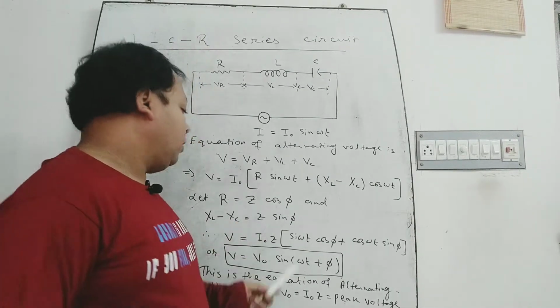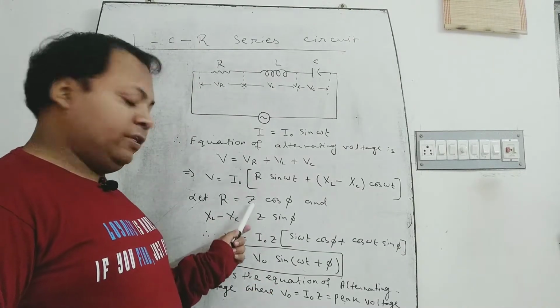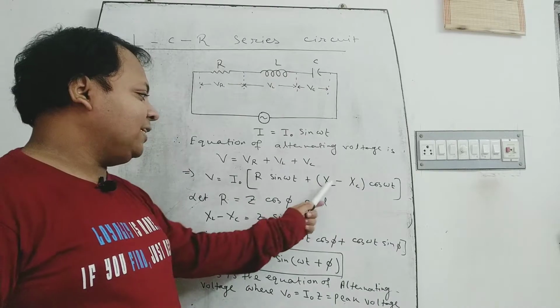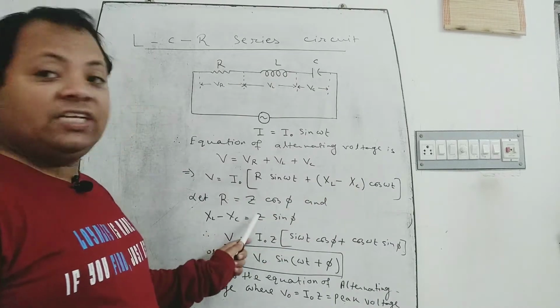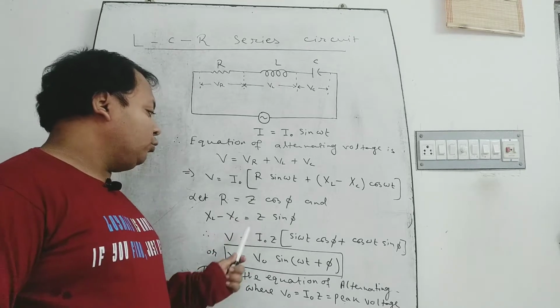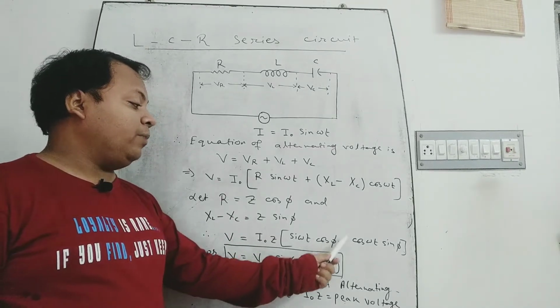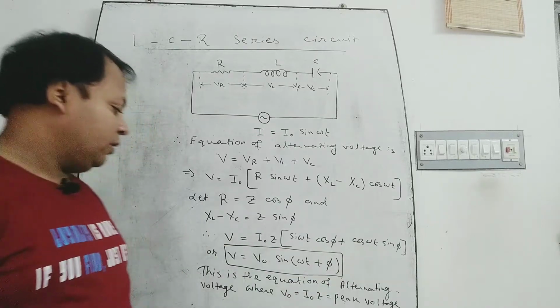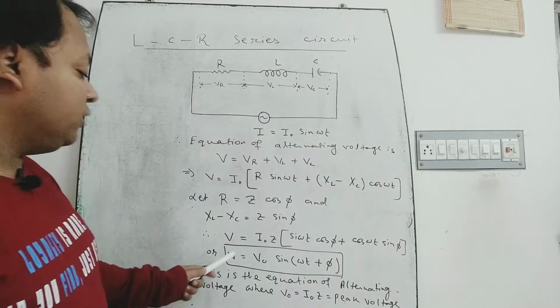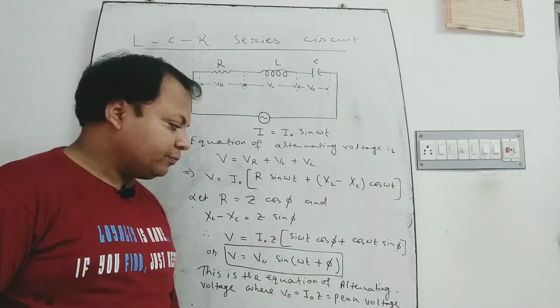Let R equal Z cos φ and XL minus XC equal Z sin φ. Therefore, V is equal to I0 Z times (sin ωt cos φ plus cos ωt sin φ), or V is equal to V0 sin(ωt + φ).